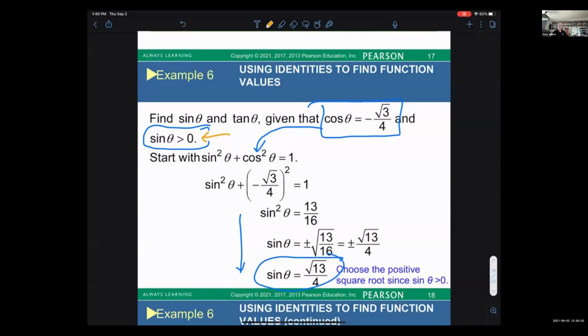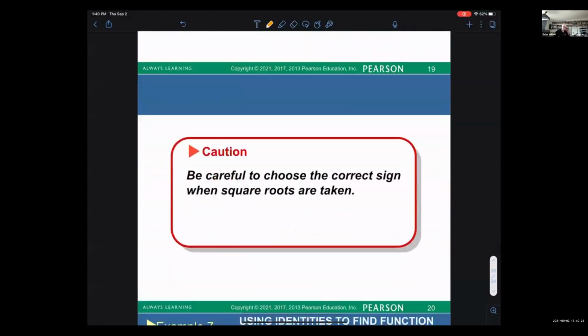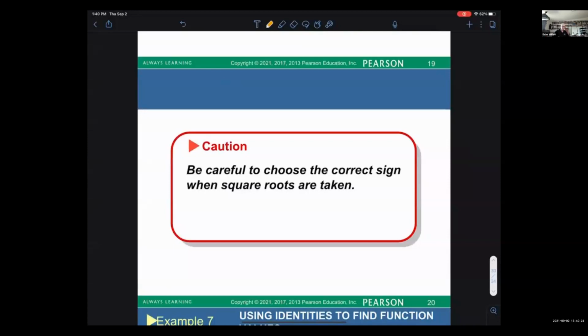That's just the x value. So that could happen in quadrant 2 or in quadrant 3, that you get that kind of an x value. And in quadrant 2, sine would be positive, and in quadrant 3, sine would be negative. So they had to clarify for us that the sign was positive here, and that's how we chose the positive square root at the end of the problem. And that's what this caution is about here. Be careful to choose the correct sign when square roots are taken.